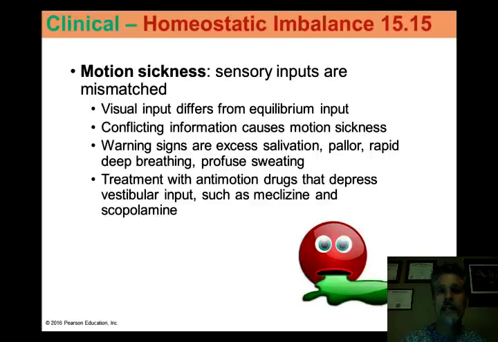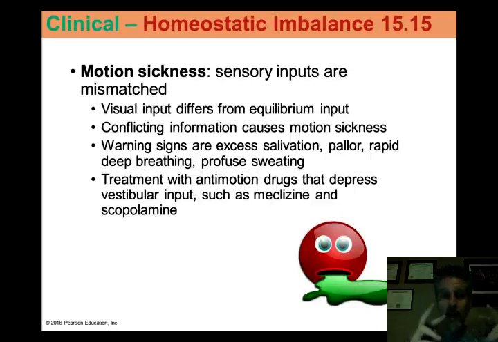And what happens then if your vestibular signal is different from your visual signal? Oh, so they think that's where the problem arises in motion sickness, whether on a boat or in the car or whatever. When you're in a car or on a boat, you and that vehicle are moving at the same rate.